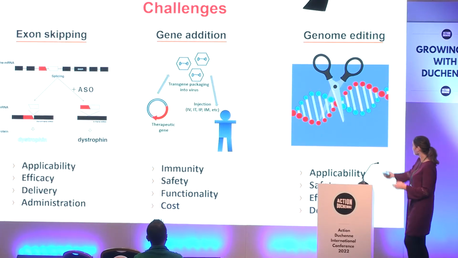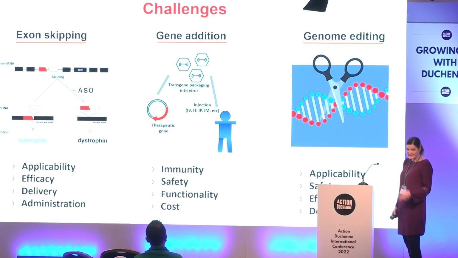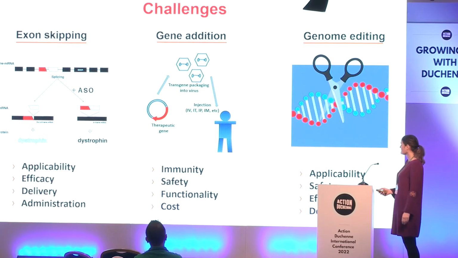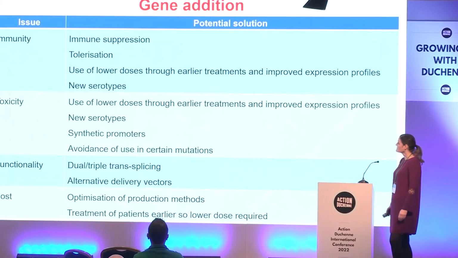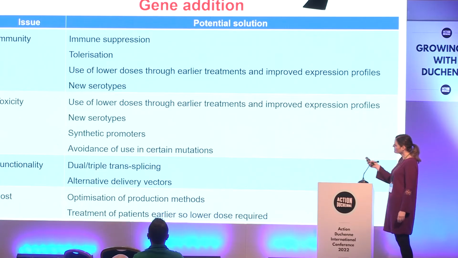Anyway, for the gene editing, it's the applicability, so it's a mutation-specific therapy. And again, it's the safety, efficacy, and delivery issues, because we're using AAVs, as Annemieke's gone through already. So I'll go through my understanding of what's being done to try and address the issues for the gene additions. That's the AAV microdystrophin. So there's a lot on this table, I do apologise, but I will go through all of it in turn.